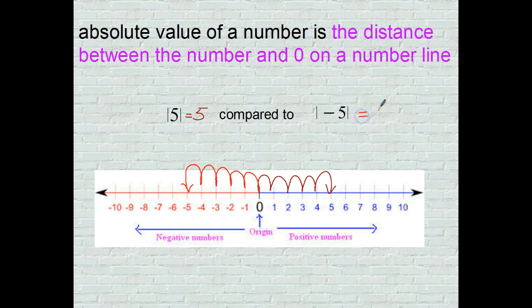So the answer to this is still 5. Don't get into the negative values. They're not talking about negatives. The definition just says the distance between that number and 0. So how many bunny hops you are away, whether it be positive or negative, it doesn't matter. The positive 5 was 5 jumps away, and the -5 was also 5 jumps away.